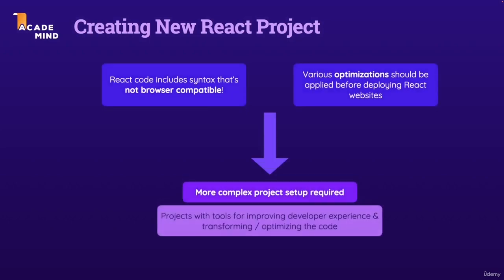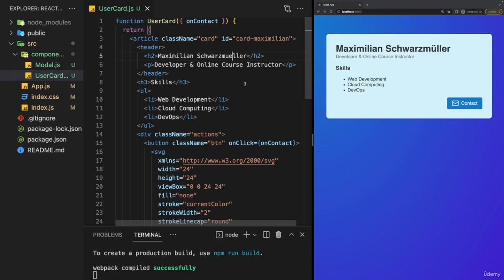Instead, you need a project that performs various behind-the-scenes code transformations automatically, and you typically also want to have a nice developer experience where the React app you're working on is previewed and automatically updated whenever you change the React code.